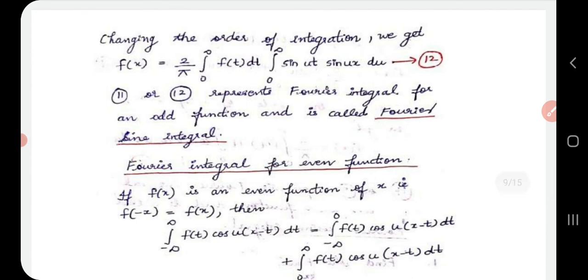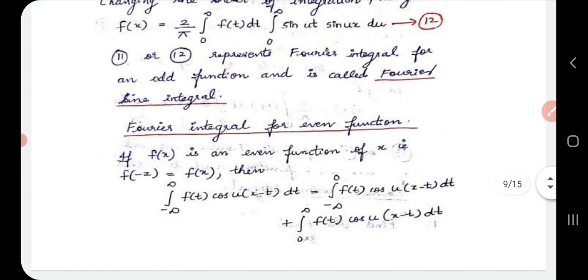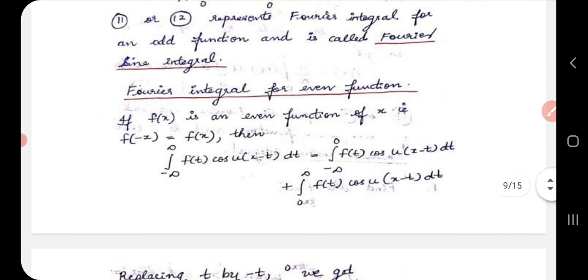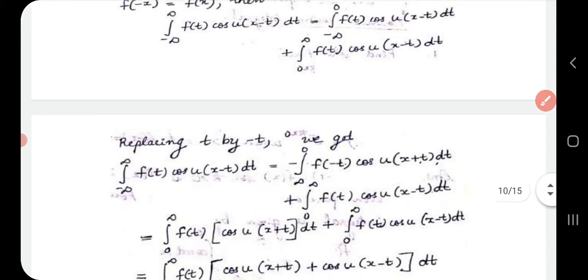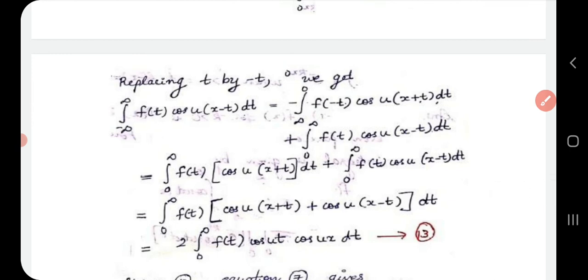Similarly, the Fourier integral for even function. For an even function, f of minus x will be f of x. The procedure is the same as what we have already discussed for the odd function, except for a few changes. That is, in place of minus f of x, it will be f of x itself. See, the first step as in the odd function: minus infinity to plus infinity, split into minus infinity to 0 and 0 to infinity. Then just like before, replace t with minus t.